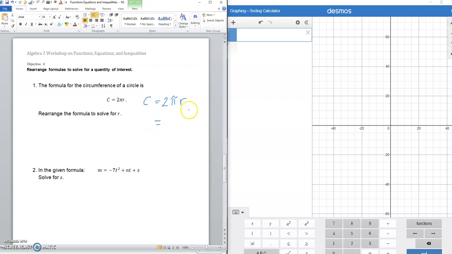Okay, so once you do that, you want to get rid of this, and those are all multiplications. So to get rid of multiplication, you will have to do division. Whatever you do on the right side, you do on the left side. Once you do that, this cancels out and you're just left with an r, and so your answer is C over 2 pi.